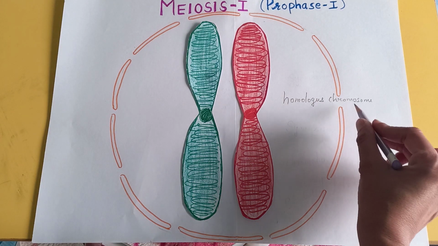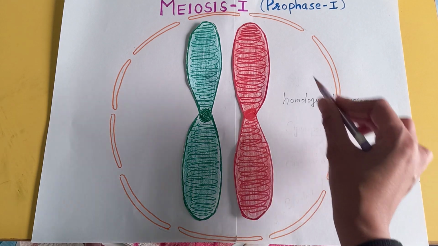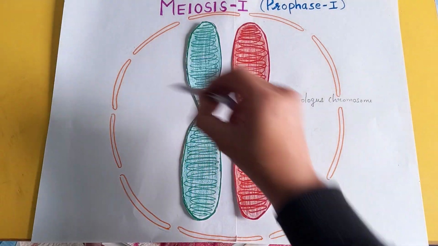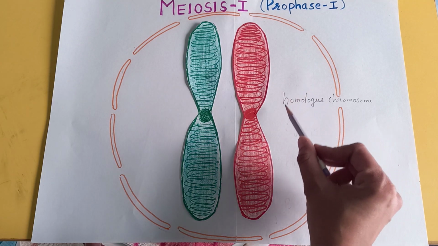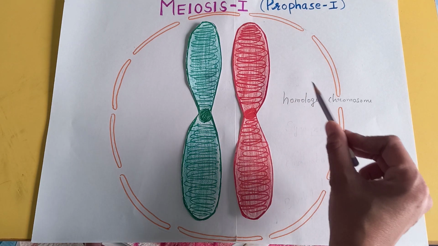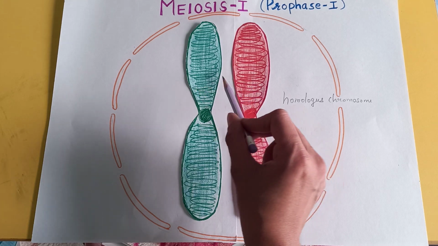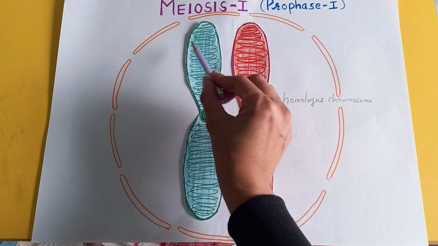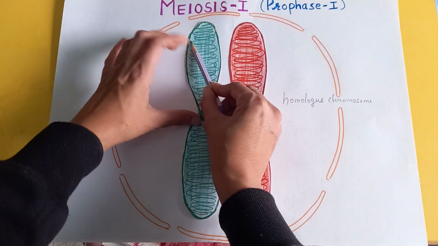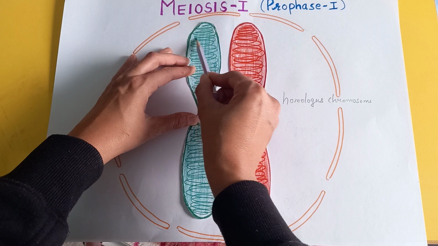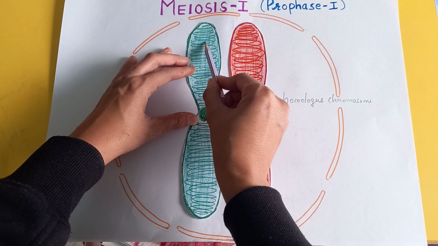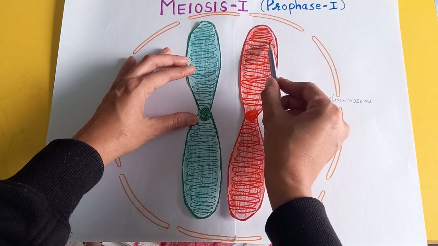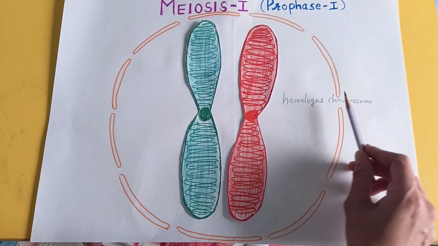But homologous chromosomes come from different parents, one from the mother, one from the father, and they have the same location of genes on each structure. If I say the gene for hair color is located at this particular position in the paternal chromosome, in the maternal chromosome the same location will be there for the same gene. This is homologous.